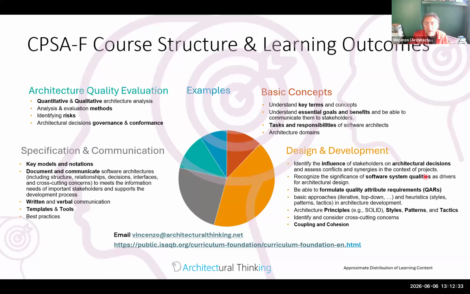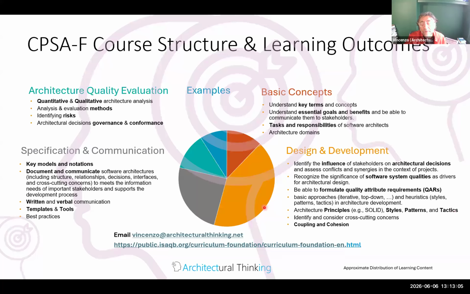Then the bulk of the training course is in here, which is about identifying the qualities of the software system to a level of detail which is sufficient to be able to inform the architecture. And then it talks about architecture principles. We cover what are the key architecture principles. We talk about SOLID principles, for example, but also architectural styles, monolith versus distributed, data pipelines, and so on and so forth. Design patterns and architectural tactics.